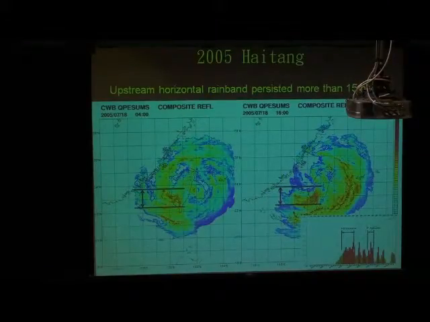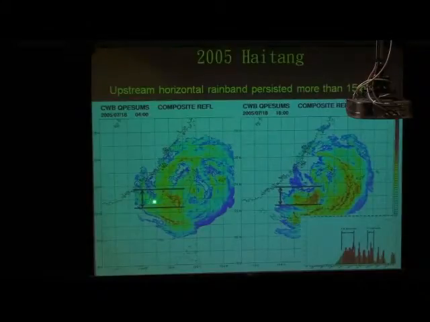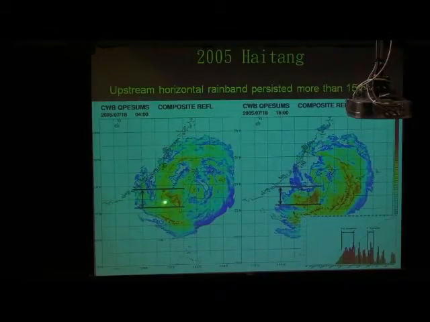Haitang, another case in 2005, was a strong typhoon moving in this direction and induced this kind of rain band situation. This rain band has 2 periods of time. The first period is 15 hours, the second period is 7 hours, and all have rainfall. This rain cluster developed over the strait and propagated eastward into the plain and the mountain area.